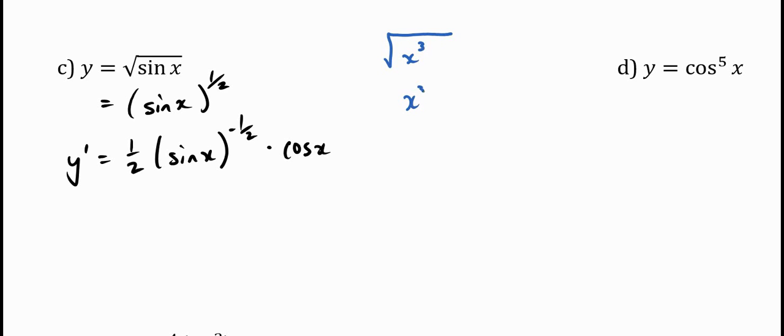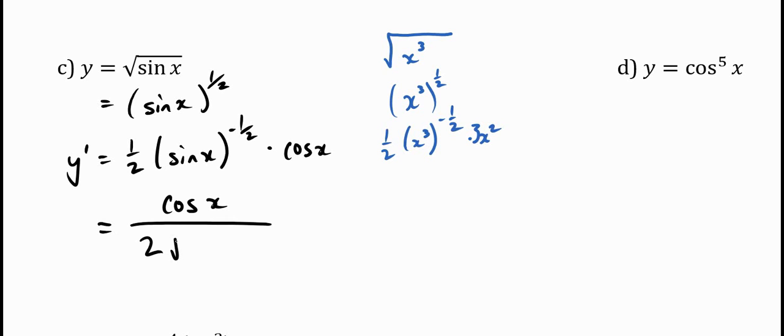That'd be x cubed to the 1/2. So we'd take the 1/2 out front times x cubed to the negative 1/2 times x squared, right? That's how you would do that one. So it's the same idea. You can relate it that way. And then if we clean this up a little bit, we're going to get cos x over 2 root sine x.